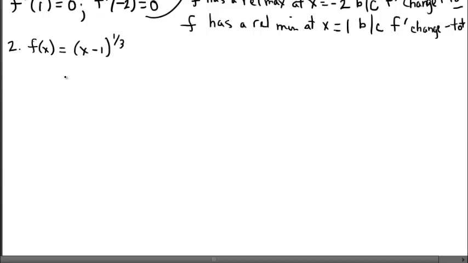It's a cube root. This is the cube root of quantity x minus 1. It might be helpful to graph it first to get an idea of what's happening to confirm our analytical work. Others of you might want to do the analytical work and then look at the graph and go, yeah, that makes sense with what I'm finding.